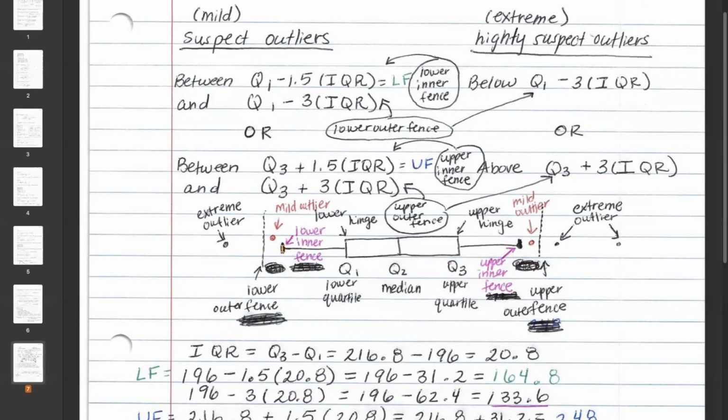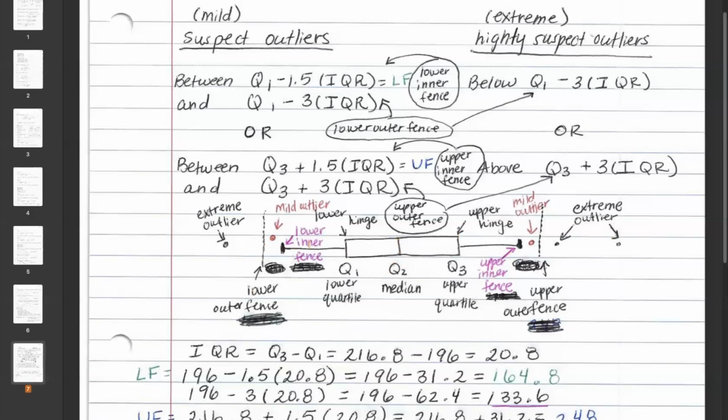So from here to the first hinge, the lower quartile, is 25% of the data, and here is 75. So here's 25% of the data. From this hinge to here is another 25% of the data. Quartile 2 to quartile 3 is 25% of the data, and quartile 3 to the maximum value is another 25% data chunk. So if we're looking at the median, up to this point would be 50% of the data because we have 25% and 25%.